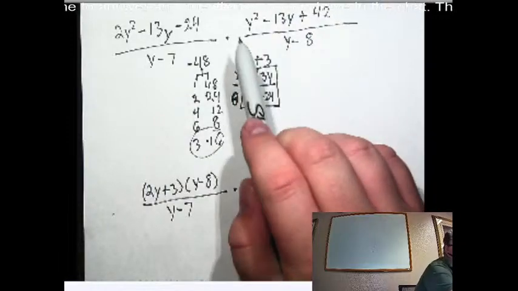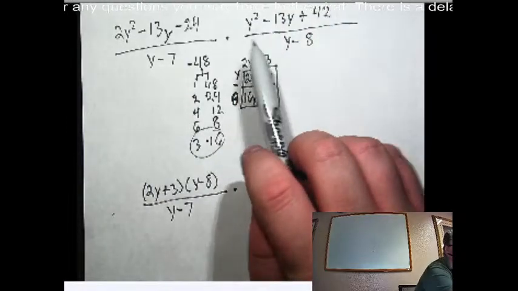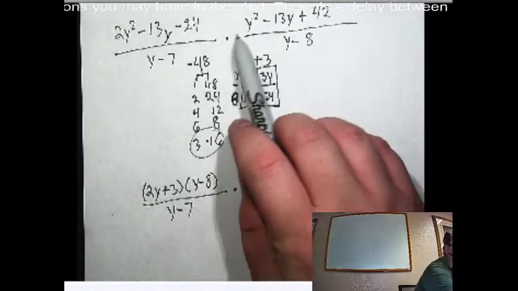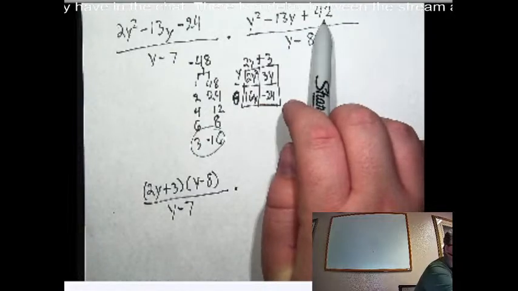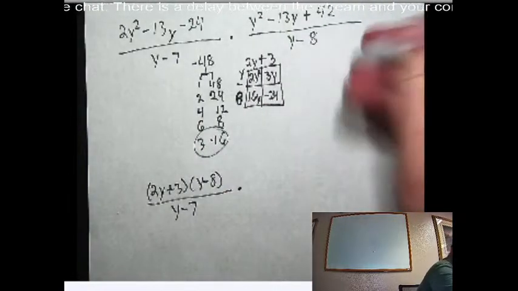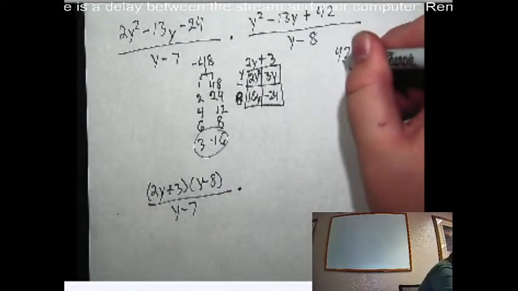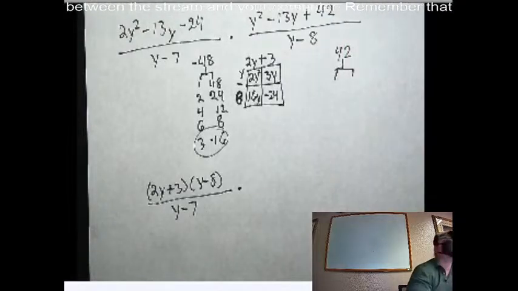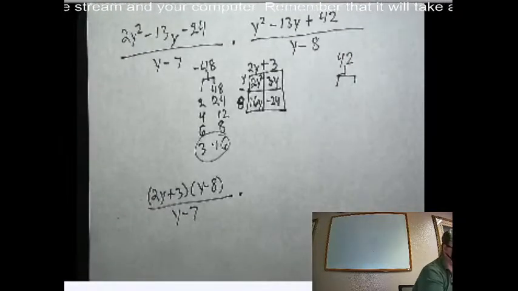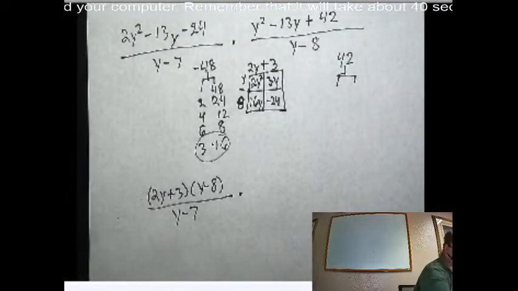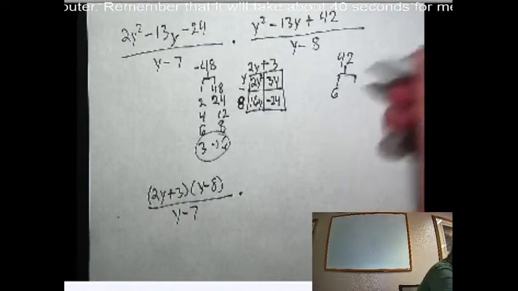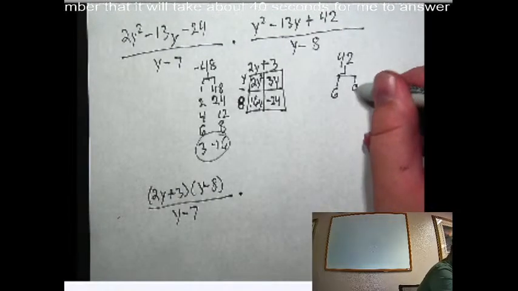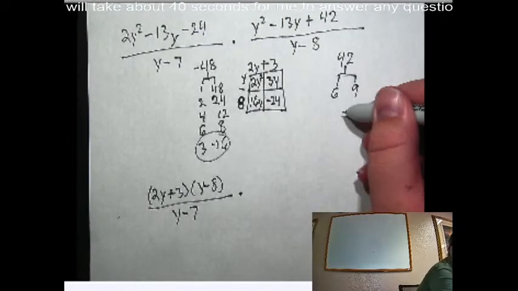So same thing, we have to use AC method here. What's my A? 1. What's my C? So 42. Okay, so factors of 42. 9 and 6, and then what?